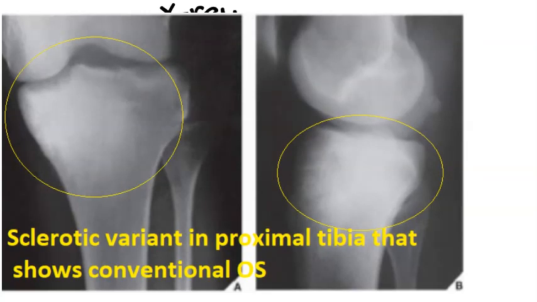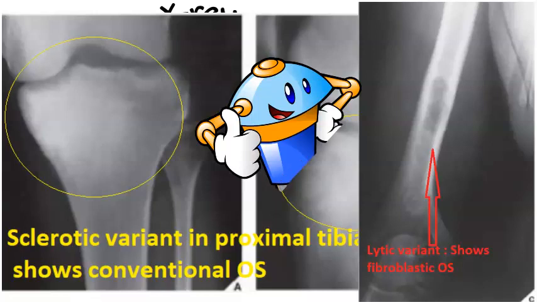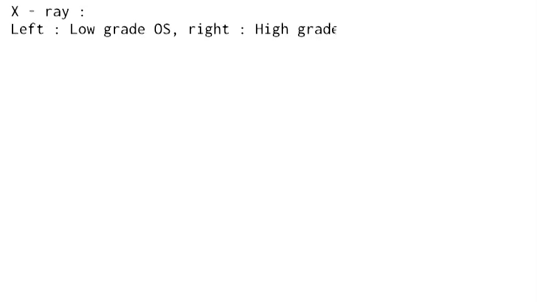This next X-ray shows a lytic variant that shows a fibroblastic osteosarcoma. That means it can be osteosclerotic and osteolytic in nature. Another X-ray. On the left, it shows a low-grade osteosarcoma. On the right-hand side, it shows a high-grade surface osteosarcoma.